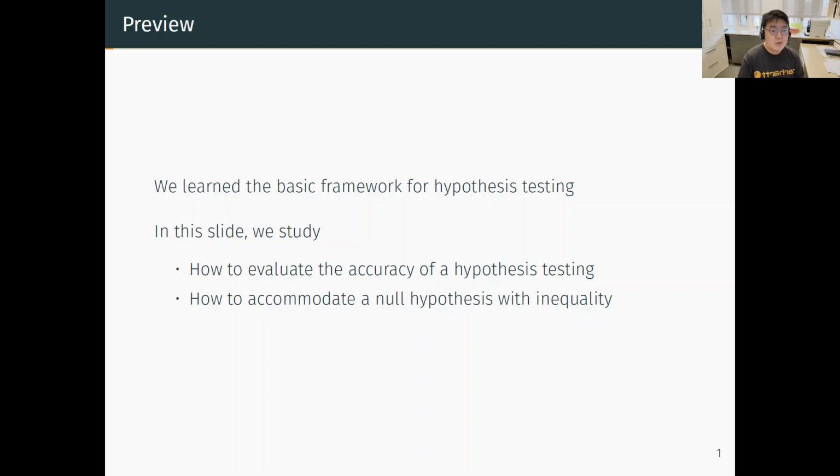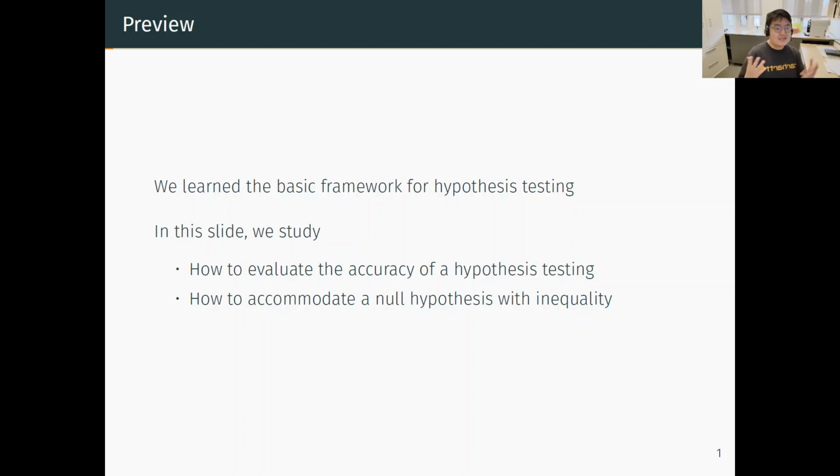And today we are going to discuss 2 additional topics. One is about accuracy. We only talked about how to make a rejection and how not to make a rejection, but I did not say what is the probability of a correct decision or a wrong decision.